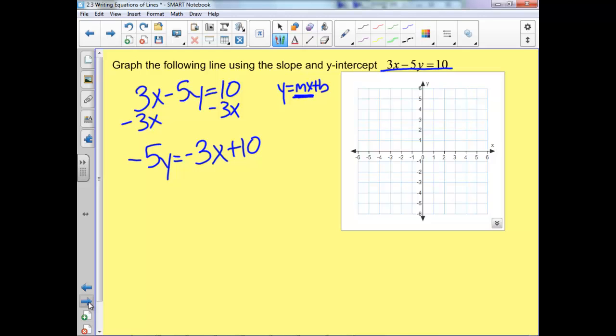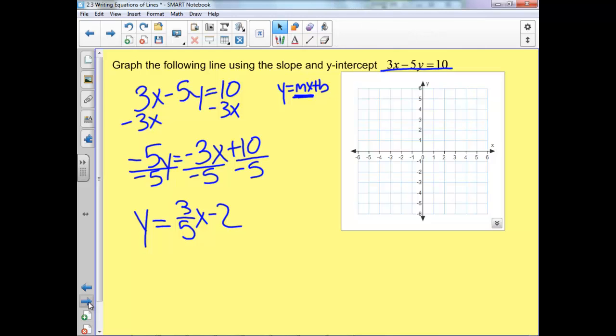So that x should be first. We still need y by itself, so we'll divide everything by negative 5. For our x's, those negatives will cancel, so we're left with 3/5 x. And then 10 divided by negative 5 is negative 2.